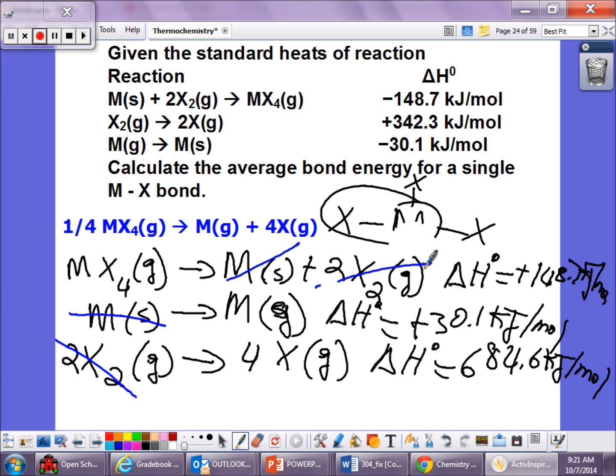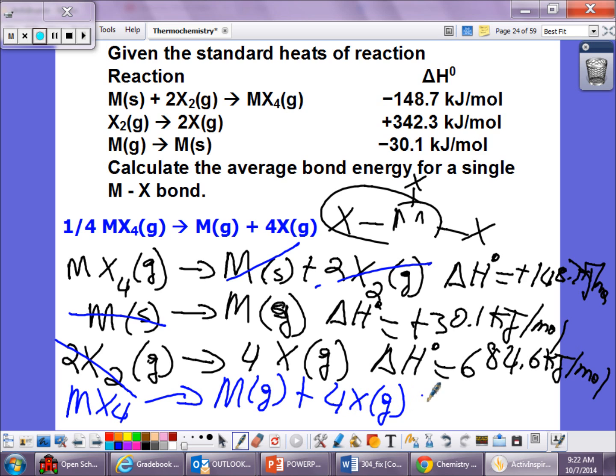This is MX4 yield M gas plus 4X gas, and for the delta H of that equation, you just add everything.